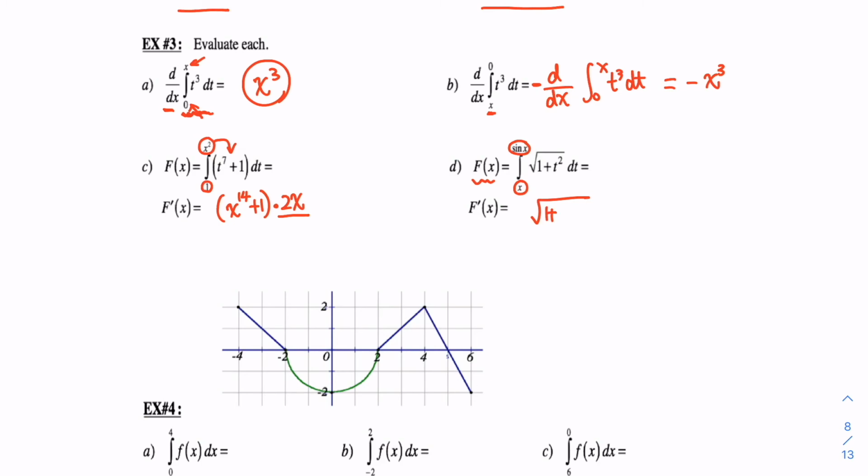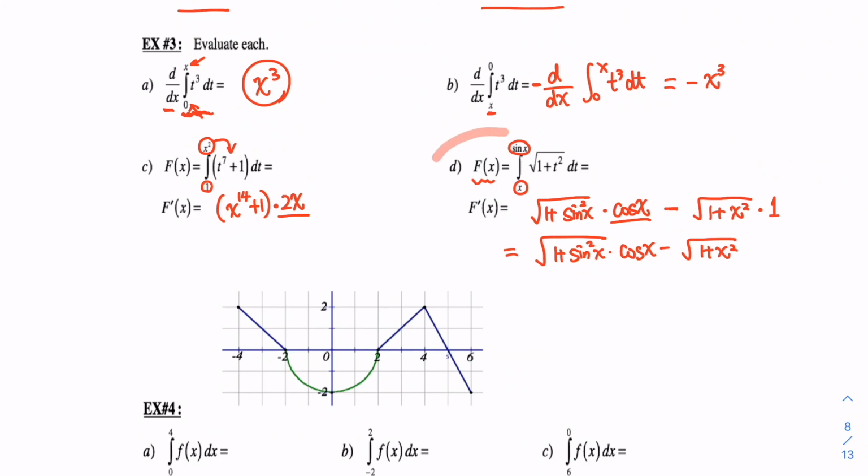So it's 1 plus sine of x squared times the derivative of sine, which gives us cosine of x. Minus, now we plug x in, 1 plus x squared times the derivative of x, which is 1. So our final answer would be 1 plus sine squared times cosine minus this.